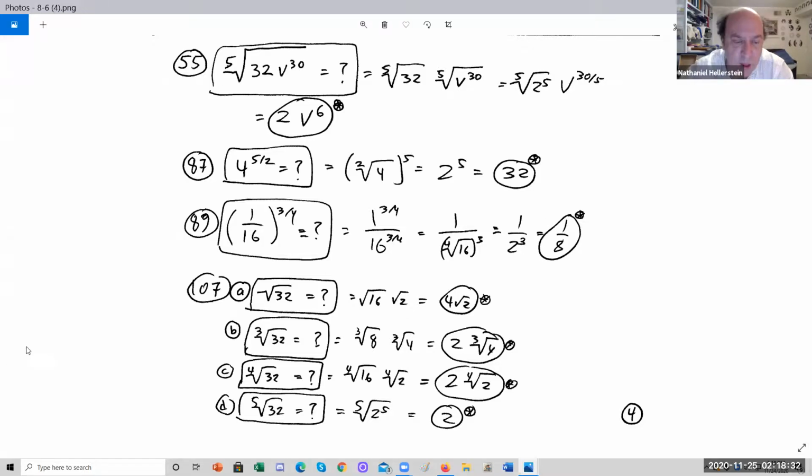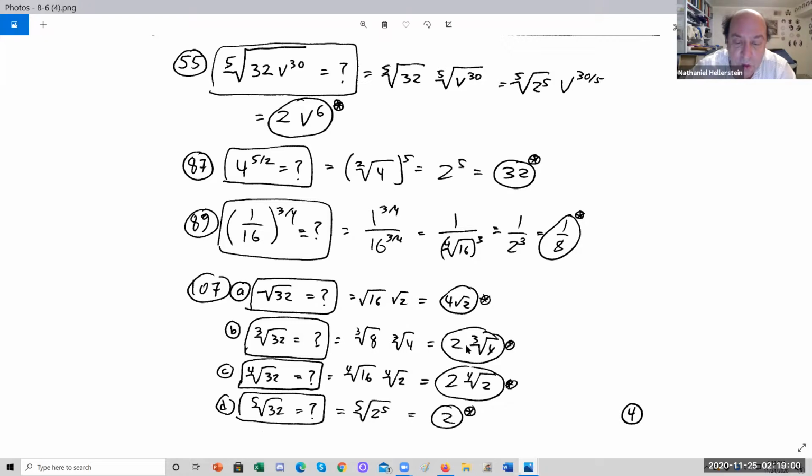So there that is. Now we have the second, third, fourth, and fifth roots of 32. For the square root of 32, we take out the largest square factor, which is 16. Root 16 is 4, so we have 4 root 2. Here we have the cube root of 32. You take the largest cube factor of 32, which is 8, 2 cubed, times the cube root of 4.